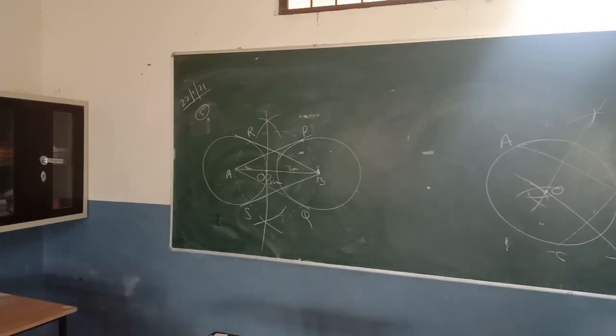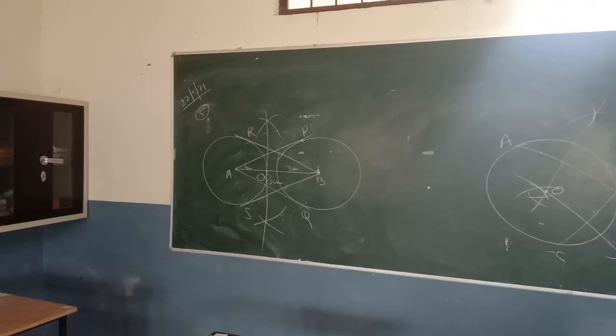Now you know the center of the circle, you know the external point. So the method for making the tangents is the same. After getting the center of the circle, the method for making the tangents is the same for every question. Good.